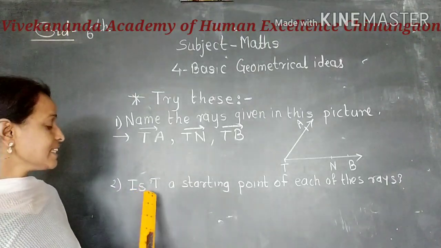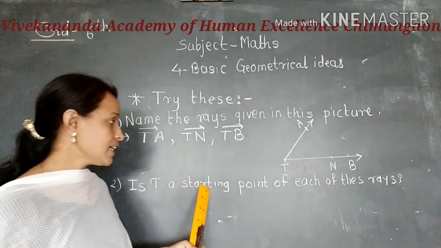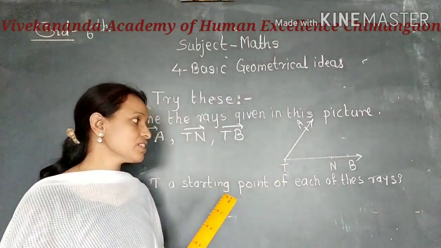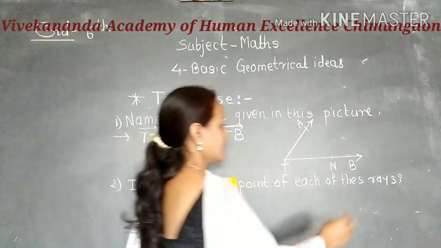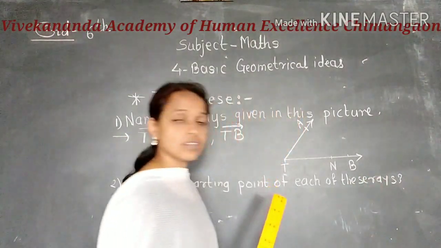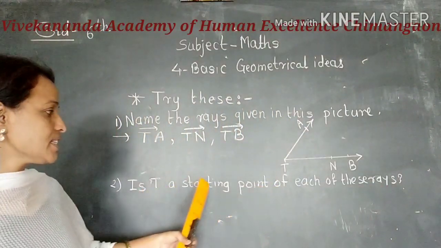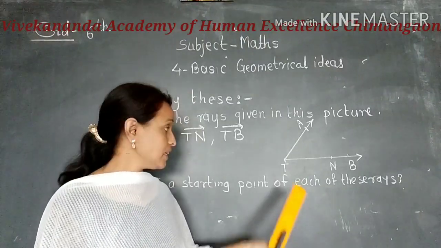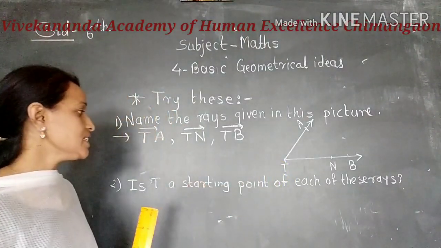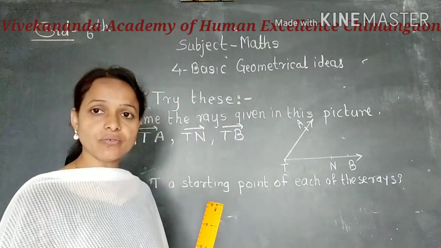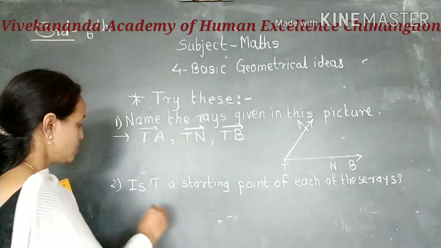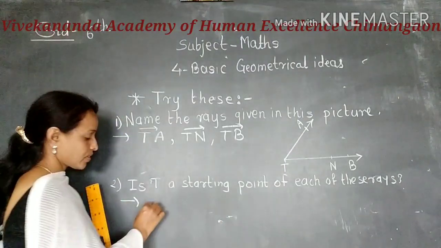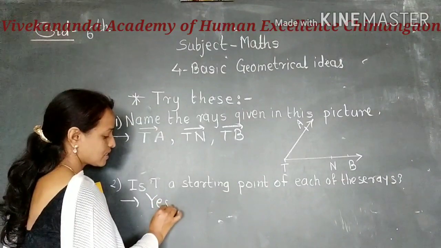Now here it asks, is T a starting point of each of these rays? Yes. In this figure, T is the starting point of each ray. So what will be the answer? Yes.